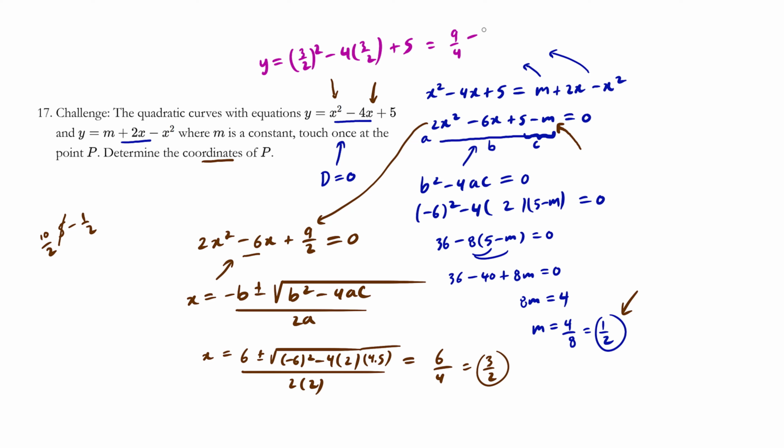So minus 6 plus 5. Minus 6 plus 5 becomes a minus 1, which happens to be the same thing as minus 4 over 4. 9 take away 4 is 5. So the y value is 5 over 4, whereas the x value is 3 over 2.